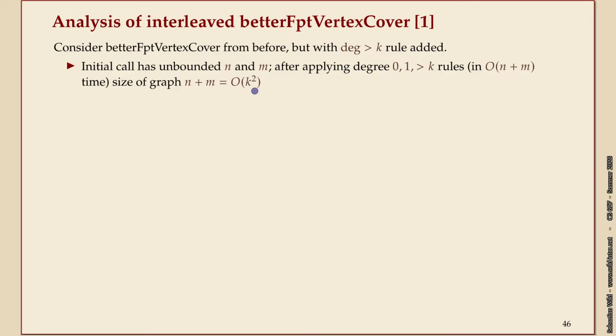And so the resulting graph is at most k squared in size. That's the kernelization at the first step, and then we start the interleaving recursive call. So there's a one-off cost in terms of the original graph size plus whatever we do in the recursive procedure.